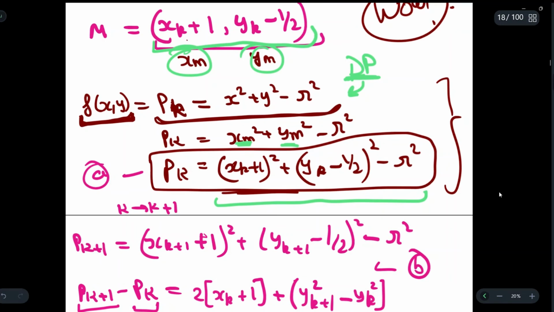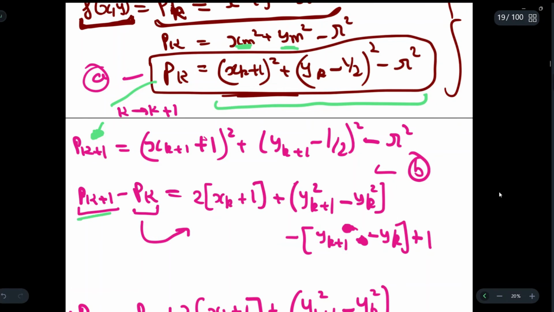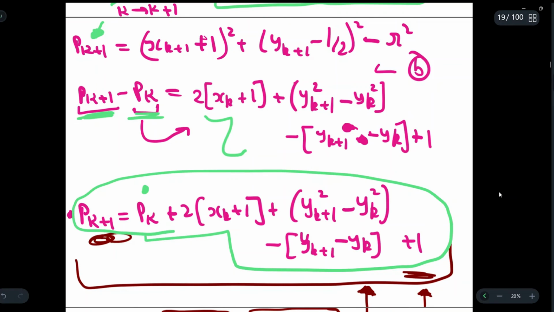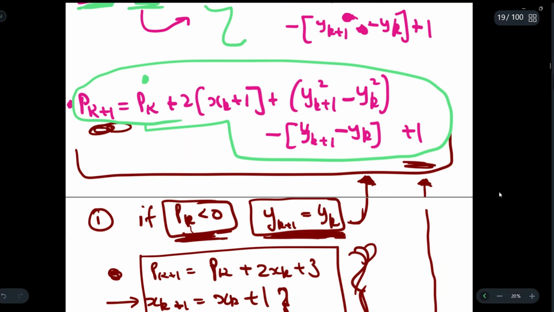Now using this equation, we found out pk plus 1 by simply substituting k as k plus 1, and then we subtracted pk plus 1 minus pk, and on doing so you will get this equation. And then we will simply take pk plus 1 on the RHS, and we still have this equation of pk plus 1.